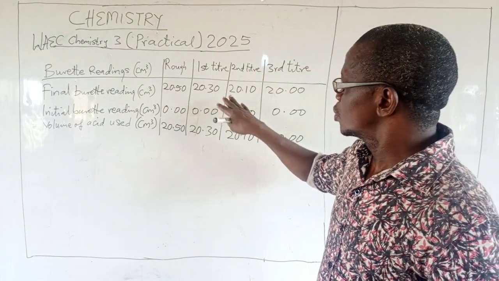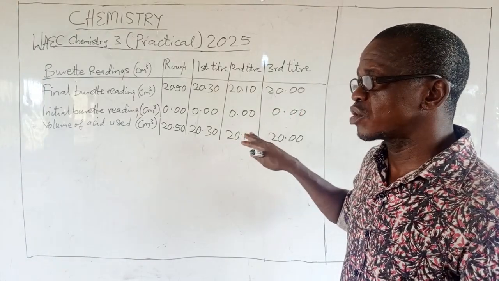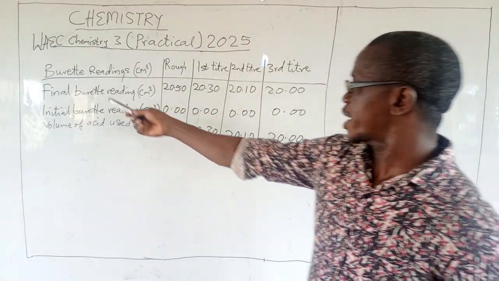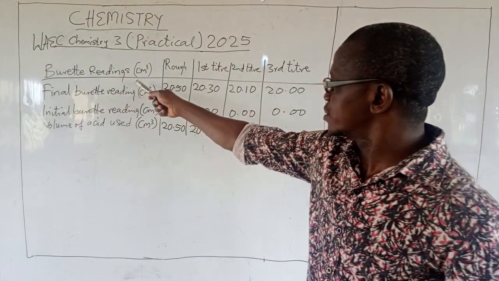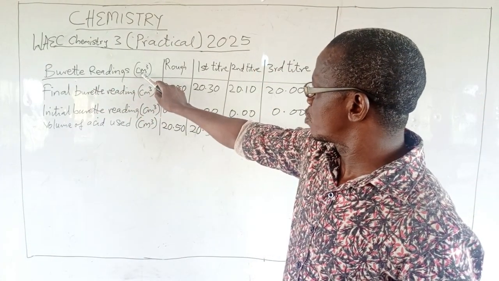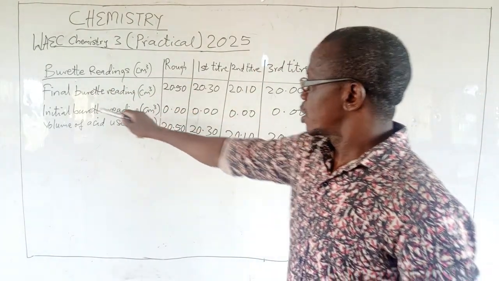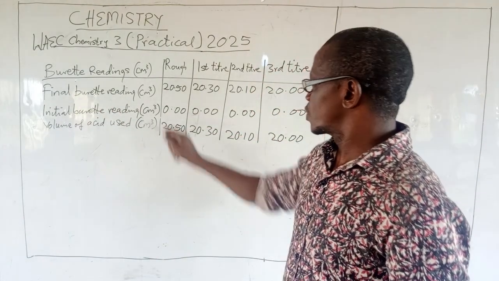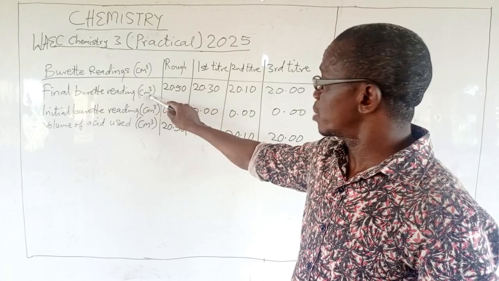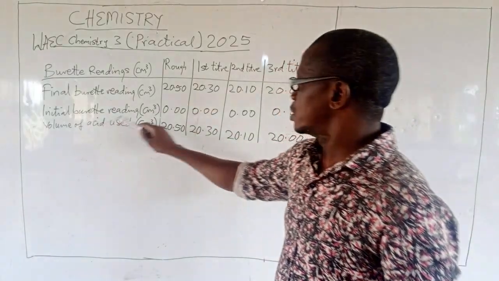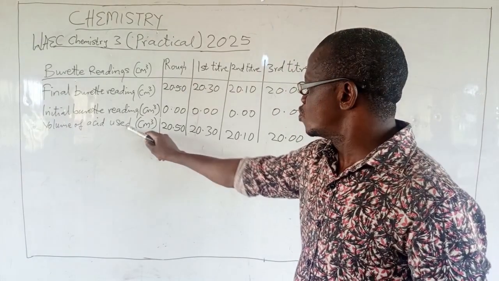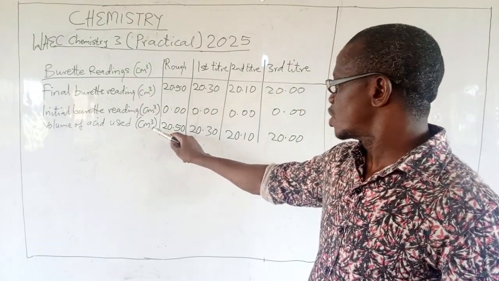Now, draw the table. When you see the question, draw the table the way I'm doing it. If you check, this is burette readings, and I put cm cube in brackets. Then final burette reading, cm cube is there in brackets. Initial, cm cube is in brackets. Volume of acid used, cm cube is here.